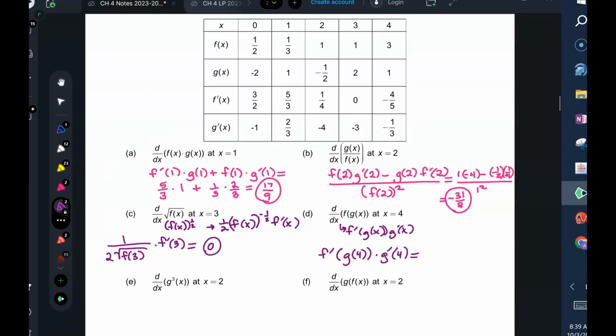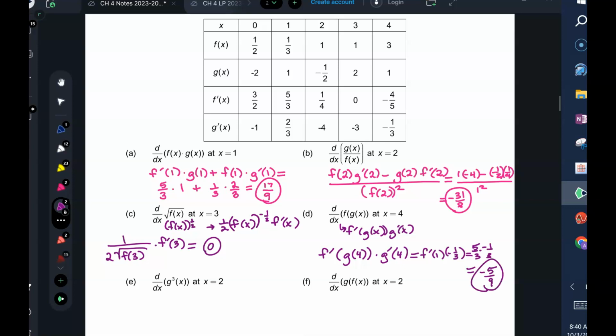Okay, so g of 4 is 1. So we want f prime of 1 times g prime of 4. So that's 5 over 3 times negative 1/3. So negative 5/9.